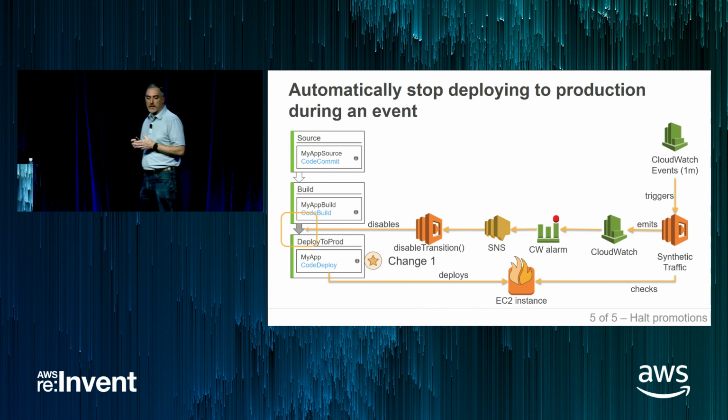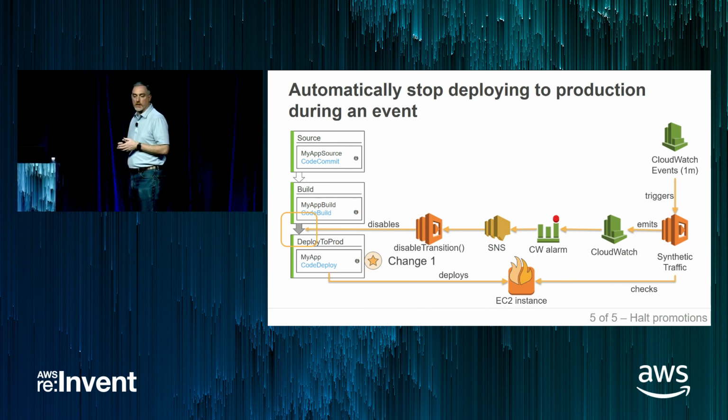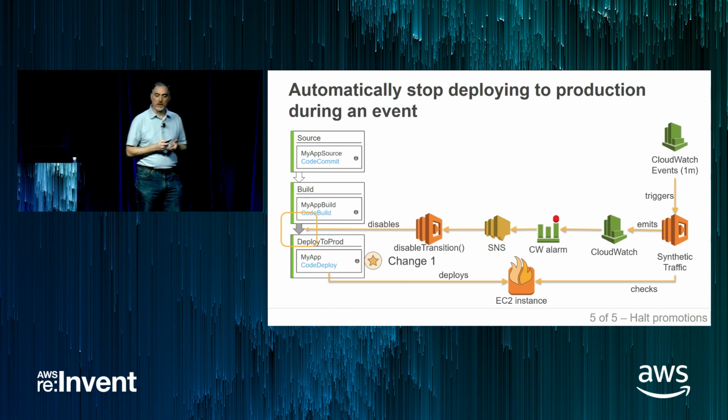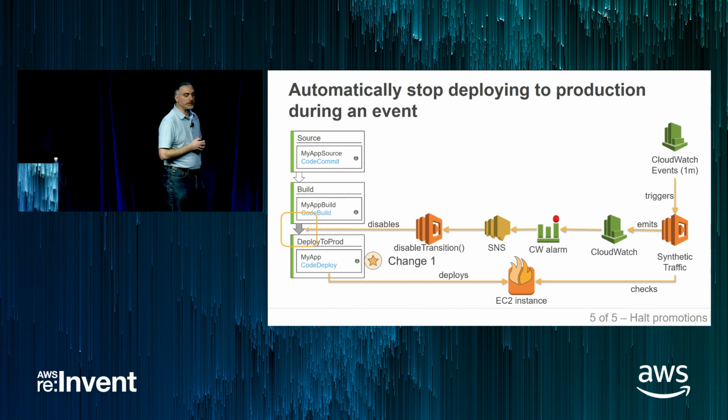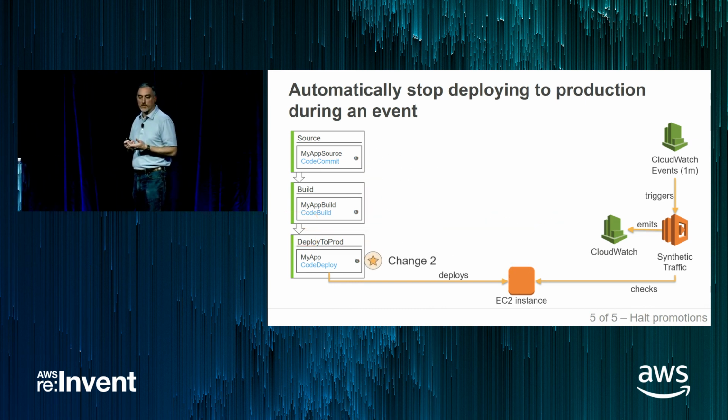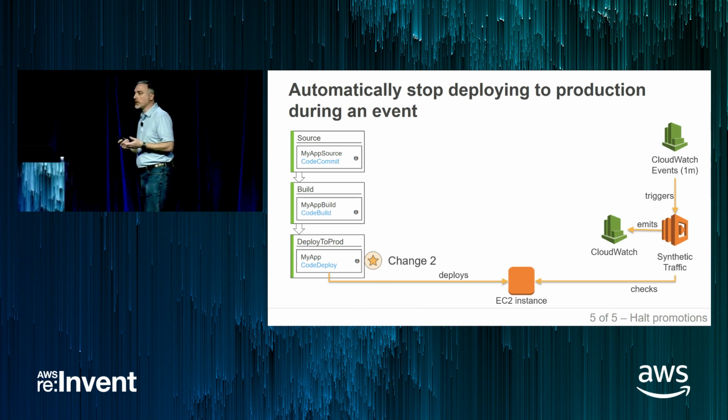Now, disabling the transition is going to halt any changes flowing out into production. And this then gives the operator the stability they need to diagnose the issue and resolve it. The operator can then manually re-enable the transition when the issue is resolved, and changes will continue to flow.